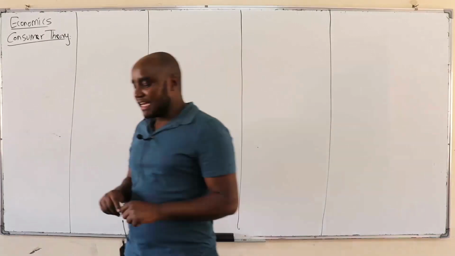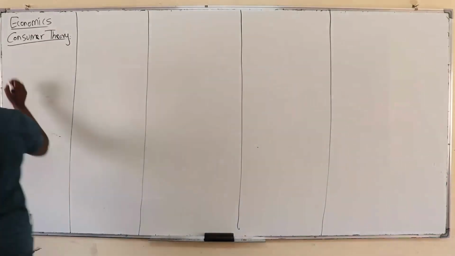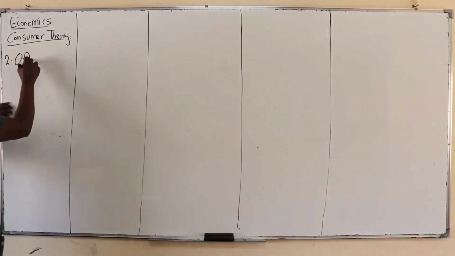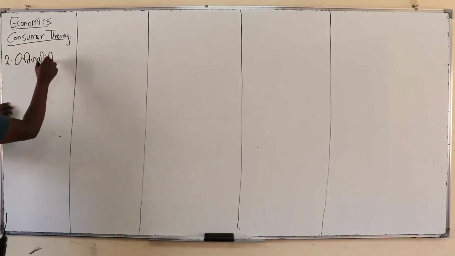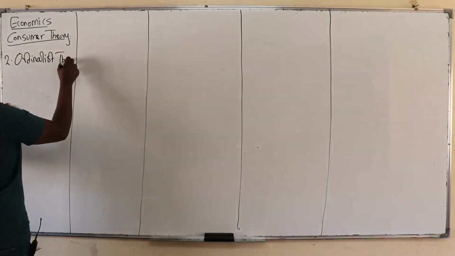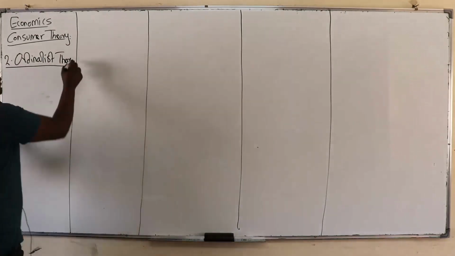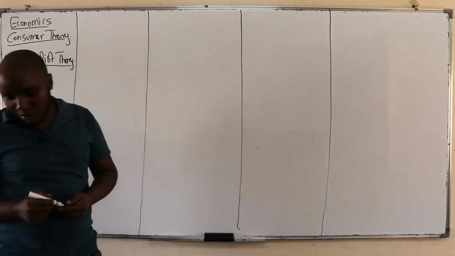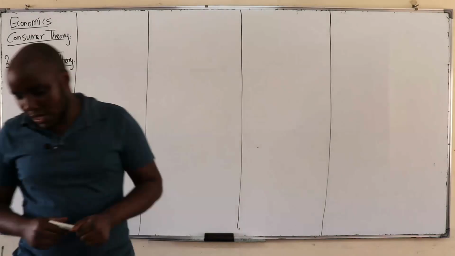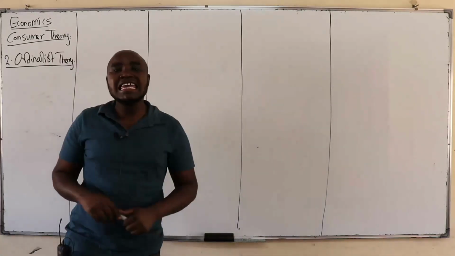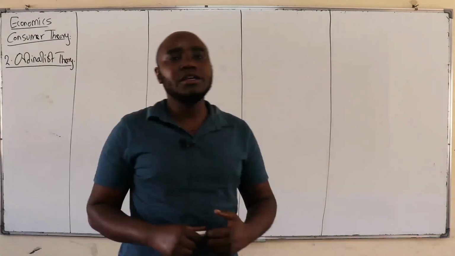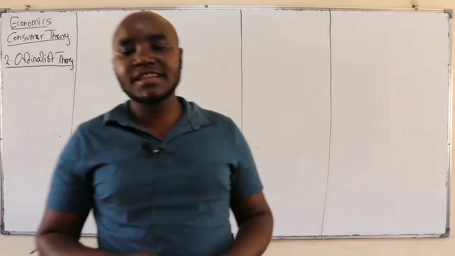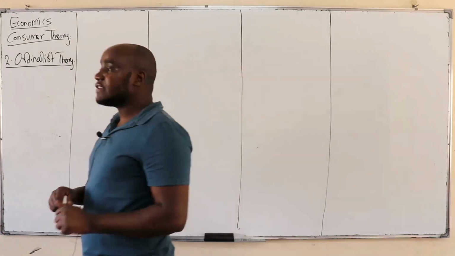And that is called the ordinalist theory. When you're talking about the ordinalist theory, all you need to know is that we shall be talking about indifference curves. Are you together? Indifference curves.